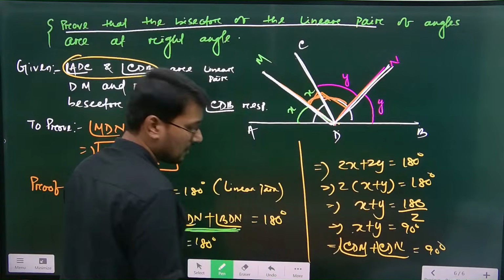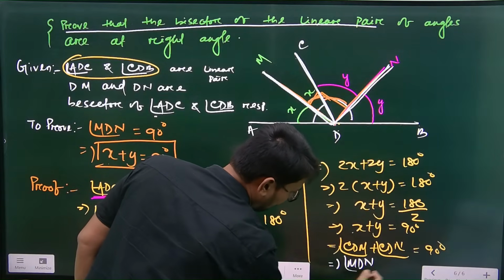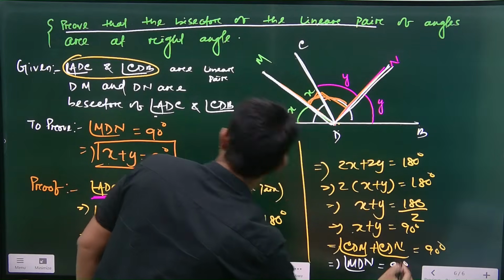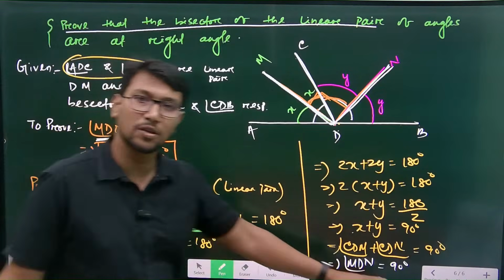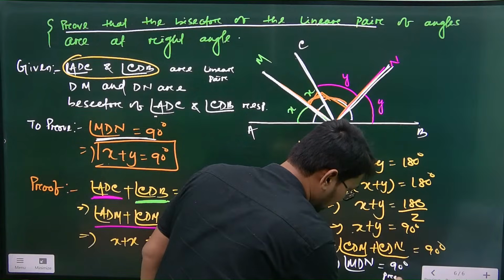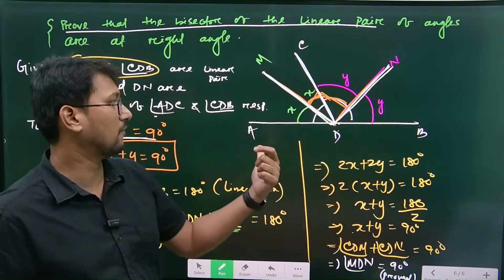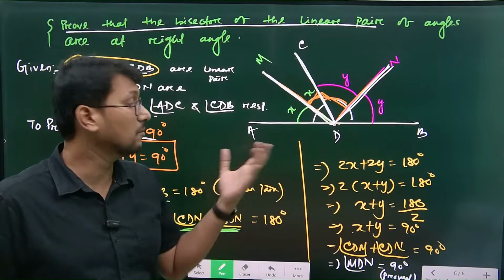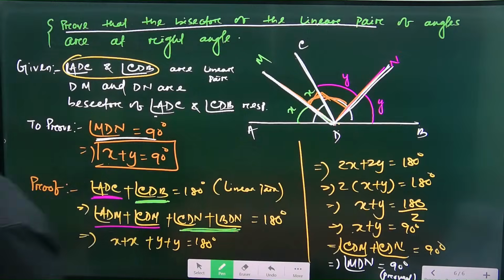MDN. Clear, everyone? This implies MDN is 90 degrees. We have written it to show this one, and we have shown it here, hence proved. Check whether it is clear or not. If not, tell me where the doubt is. Okay? Check, everyone, quickly.